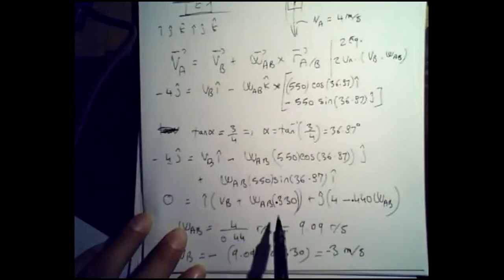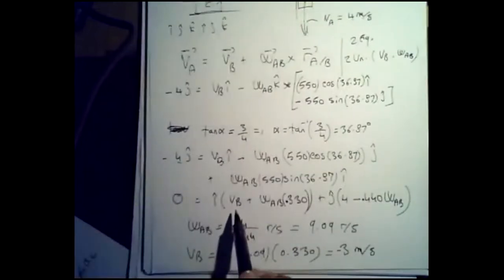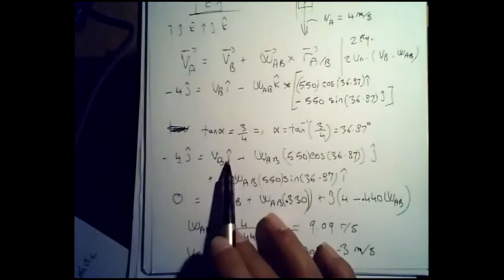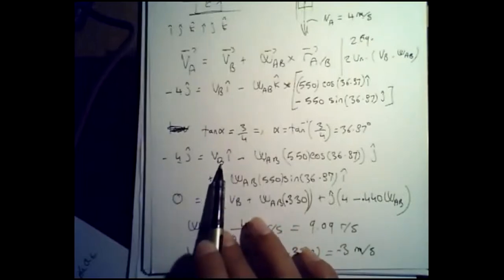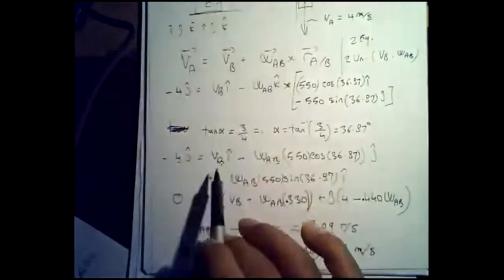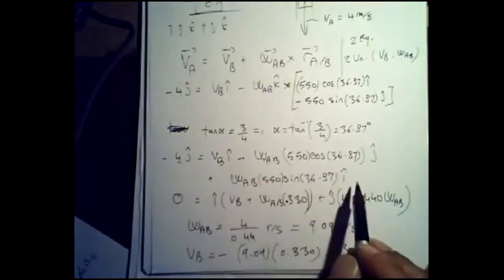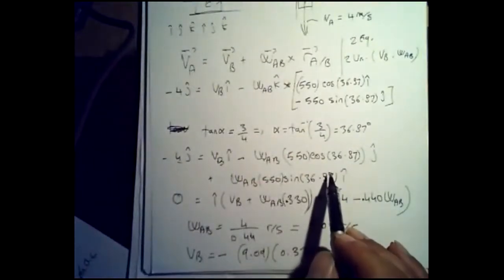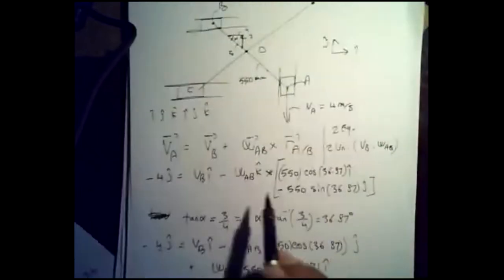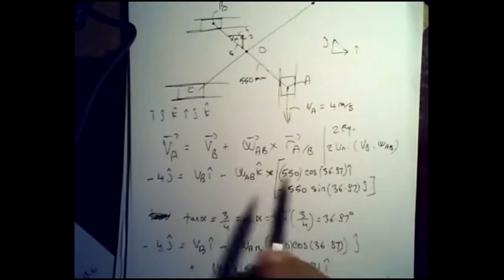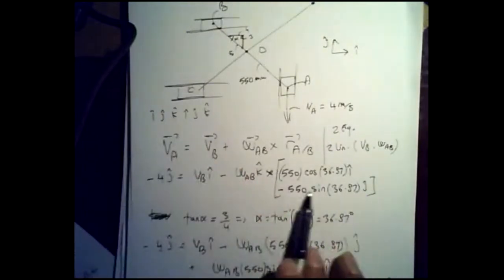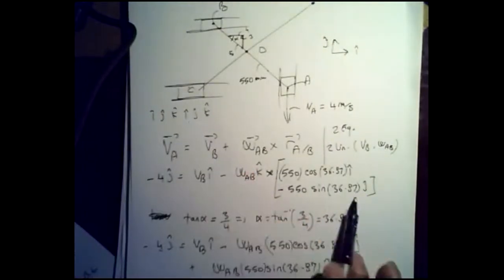So I think we may have made a little mistake over here. If I take I, VA is equal to VB I plus omega cross I, right? So when I'm doing omega, K cross J, K cross J is minus.